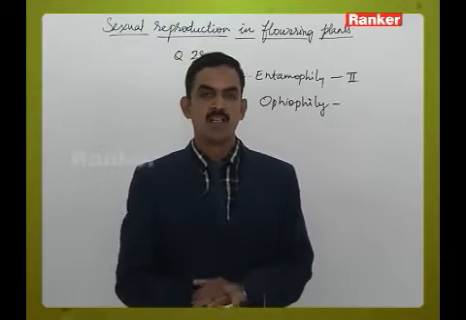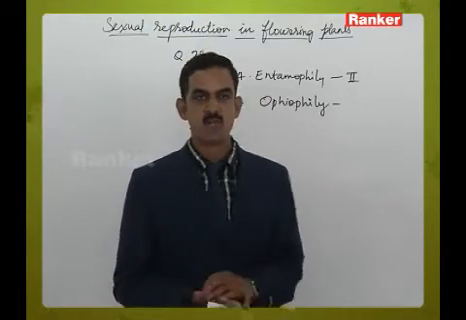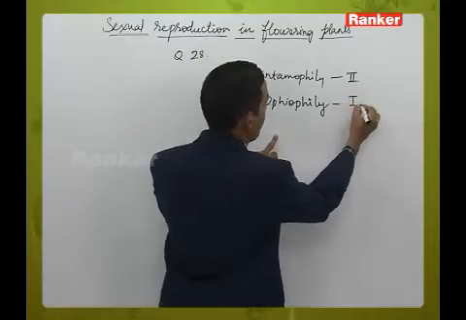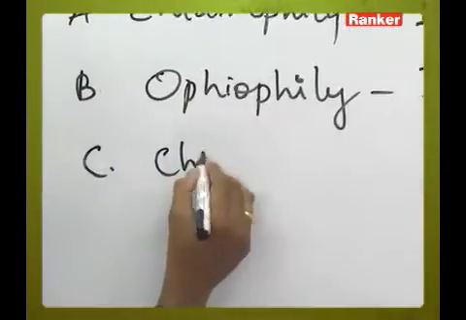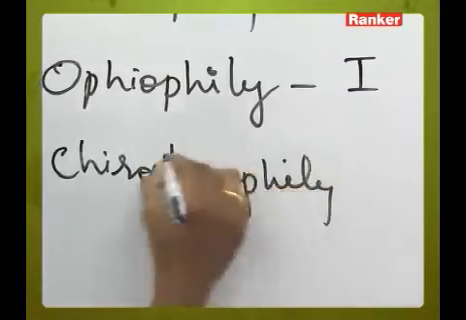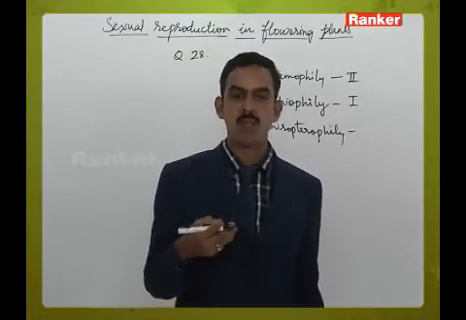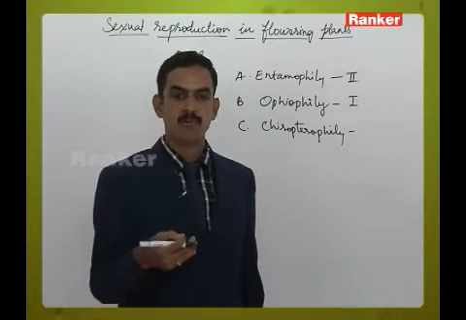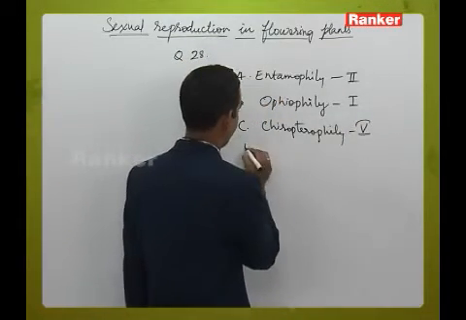Ophiophily means pollination which occurs with the help of snakes. So ophiophily is 1. Next, C is caropterophily. Caropterophily means pollination which occurs with the help of bats, that is 5.